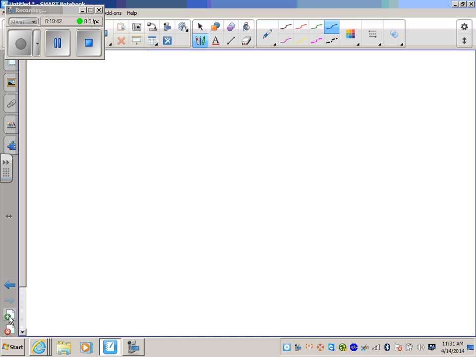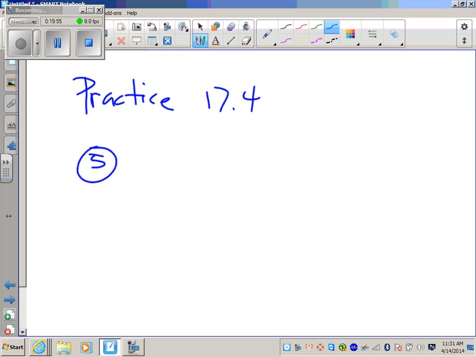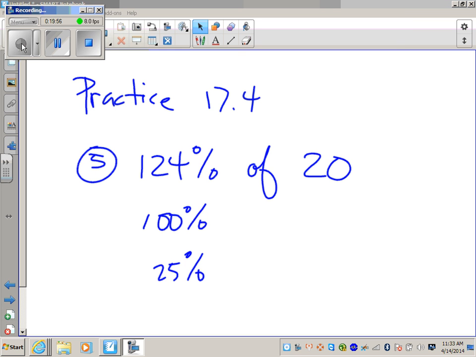Okay, let's take a look at the practice side. The only one that I see that's greater than 100 is number 5. So let's do number 5 right now. Okay, so we already established we're going to use 25. So 125. Let's work with the 25 first, not forgetting to work with the 100.